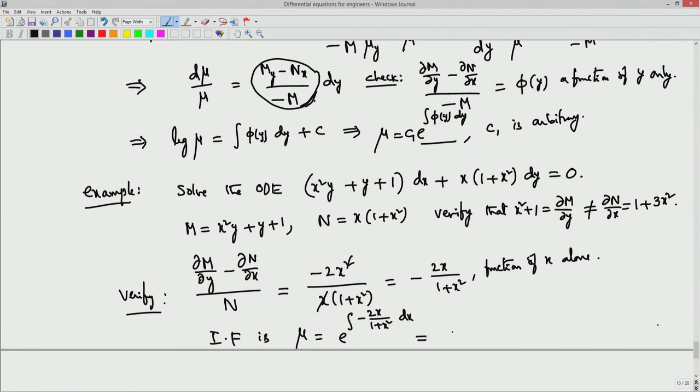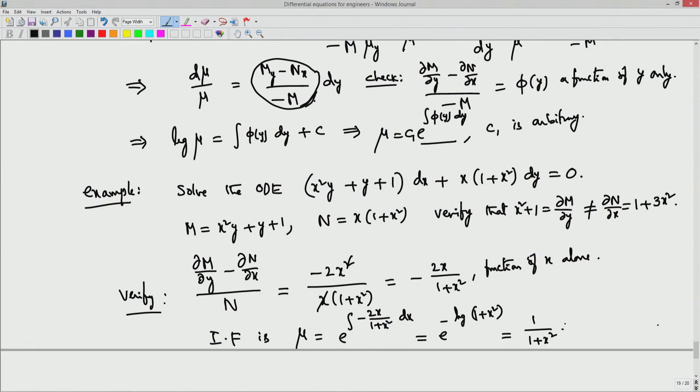What is the integration of this? e power minus log of 1 plus x square, because for any x positive or negative, 1 plus x square is always positive, for which log is defined. Log of 1 plus x square is the antiderivative of 2x by 1 plus x square. So this is equal to 1 by 1 plus x square. So this is your integrating factor.